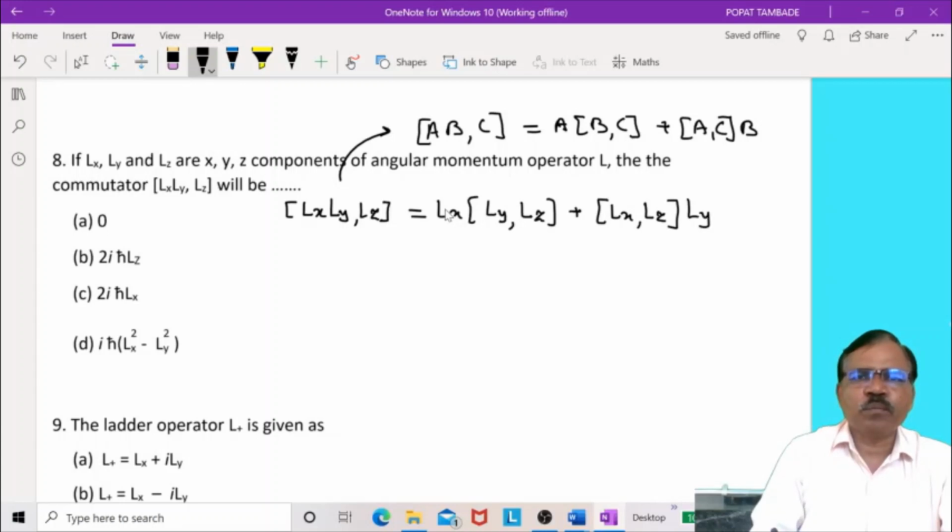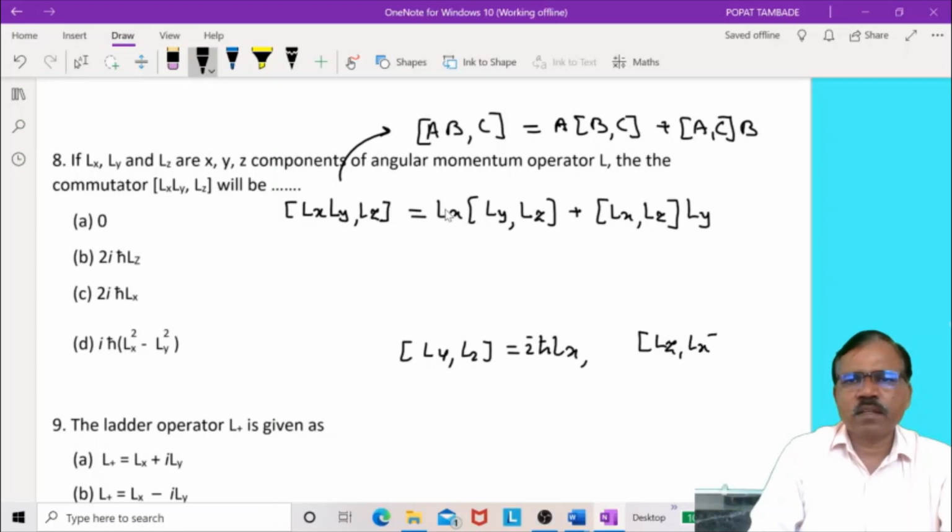Now we know [Ly, Lz] is equal to iħ Lx, and [Lz, Lx] is equal to iħ Ly. So [Lx, Lz] comes out to be minus iħ Ly.